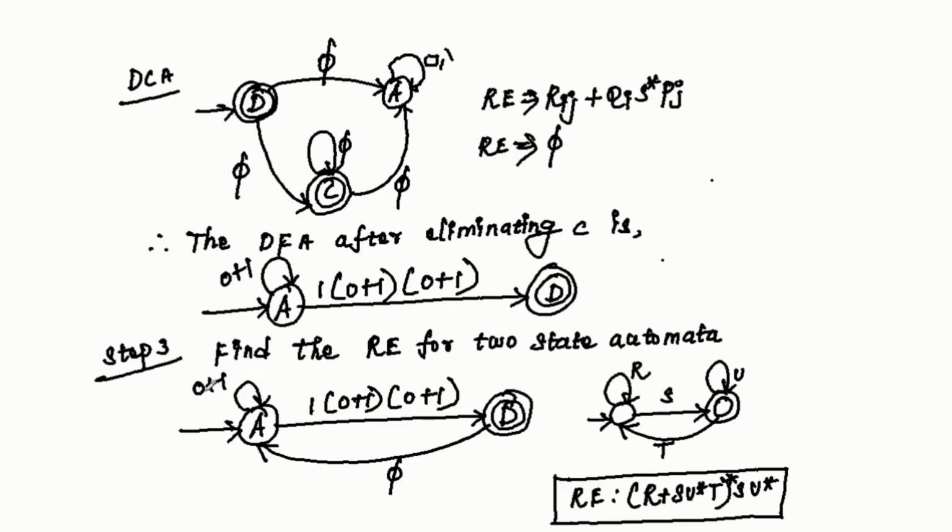Here R value is 0 plus 1, S value is 1 of 0 plus 1, 0 plus 1, U value is going to be null and T value is null because there is no transition from D to A. D has no self loop, so the transition on D to D is labeled as null. D to A, there is no transition, so here you put null.